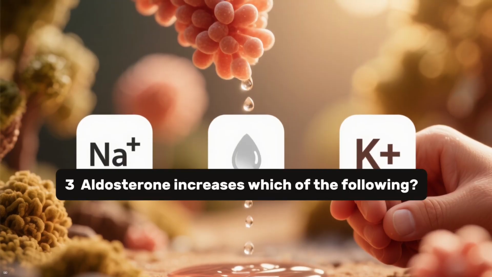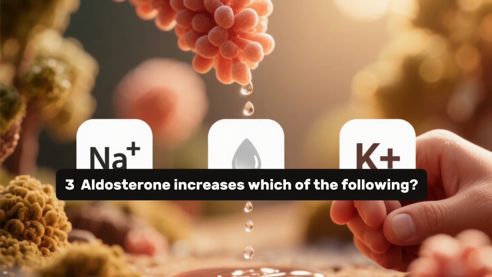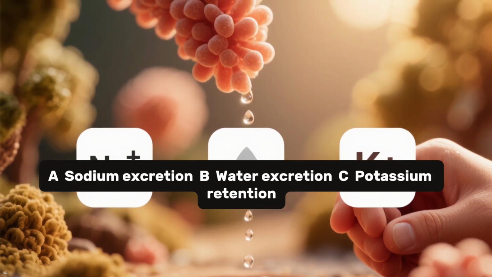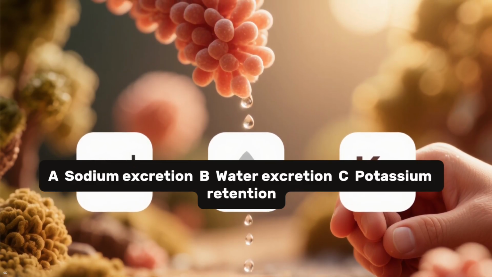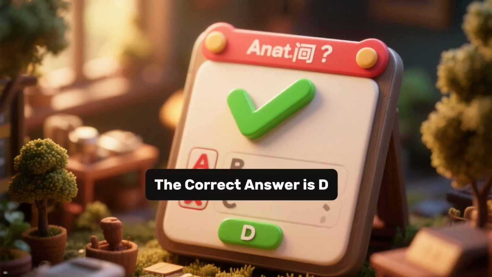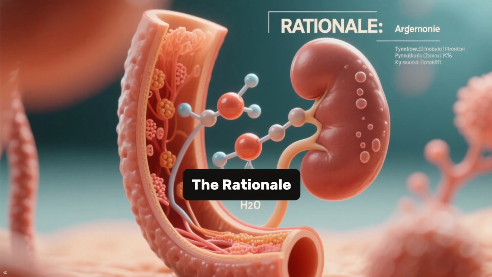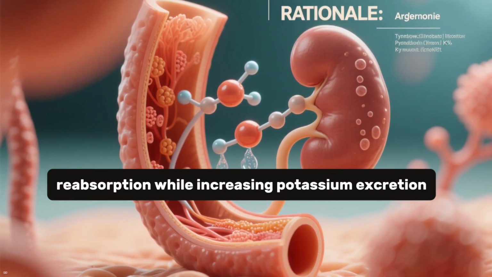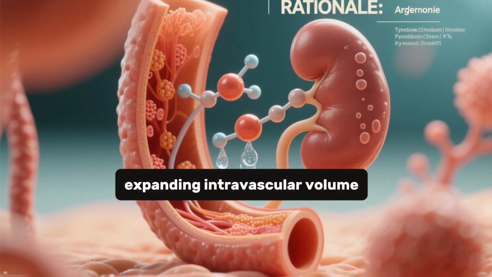Question number 3. Aldosterone increases which of the following? A. Sodium excretion. B. Water excretion. C. Potassium retention. D. Sodium and water reabsorption. The correct answer is D. The rationale. Aldosterone promotes sodium and water reabsorption while increasing potassium excretion, expanding intravascular volume.